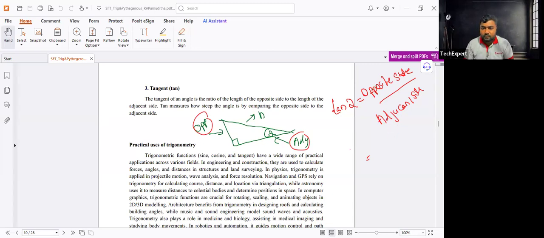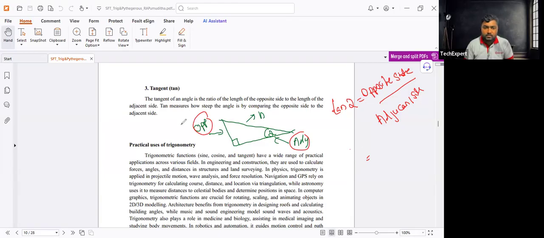When adjacent and opposite side are compared, how much longer is it? It may be 10 times, 2 times, 5 times, 0.5 times, likewise. How much longer than the adjacent side? That is the basic understanding or principle behind this.